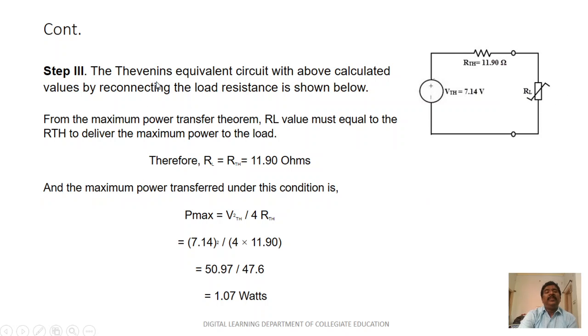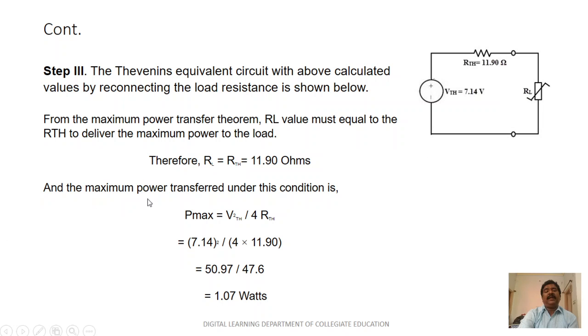Step 3: the Thevenin's equivalent circuit with the above calculated values, by reconnecting the load resistance as shown below. From the maximum power transfer theorem, RL must equal RTH to deliver the maximum power to the load. That is what we know from the definition. So RL is equal to RTH, 11.90 ohms, which you can add here.